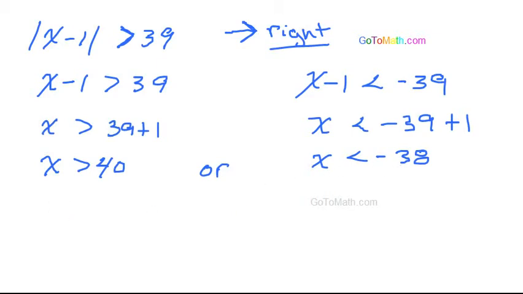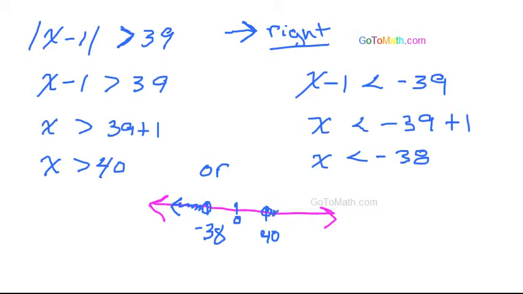Okay, so let's go ahead and draw this guy, even though it's not straight. So we got negative 38 over here. Now remember, it doesn't include negative 38, so we put a hole there. There's a hole, missing point. Can't use it. And then of course we have 40. We'll put 40 over here, 0 somewhere in the middle.